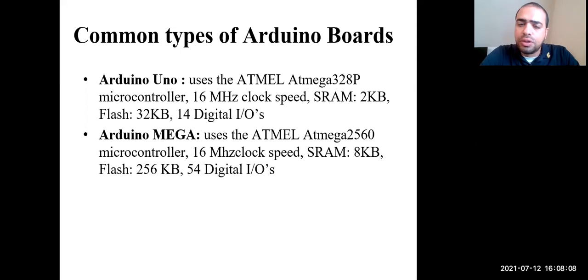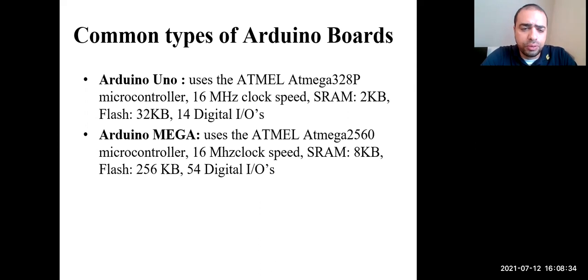It has 14 digital input/output. As you see, it's very small compared to the speed of, for example, the processor in your laptop. This is 16 megahertz. In your laptop, you can have, for example, 2 or 3 gigahertz. But you see, this one can achieve small tasks for you in real time.